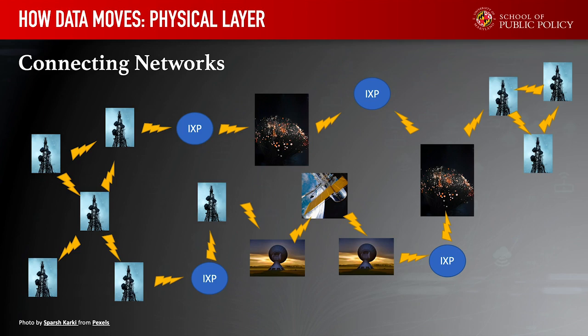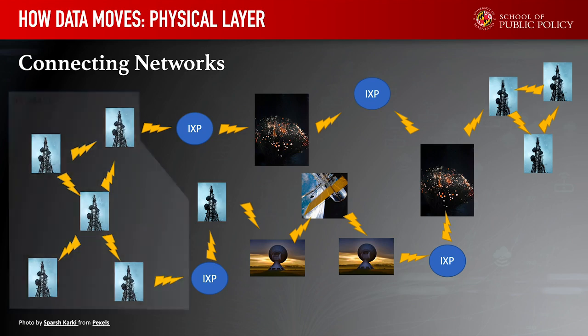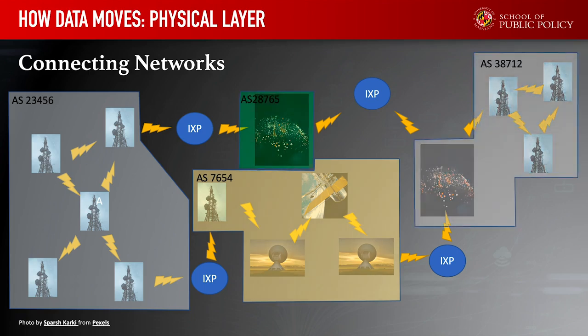That particular set of energy then might move to another network. Maybe it's terrestrial microwave, maybe it is a fiber optic network, maybe it's something else. We layer on top of that those autonomous systems and the peering relationships between them. So from a logical standpoint, we know where we need to go, which road we need to take, but underneath all of it is the physical infrastructure.